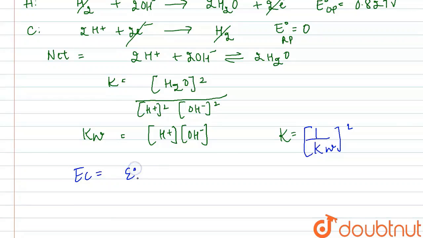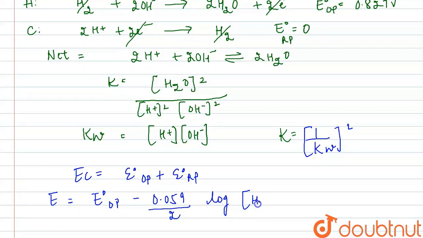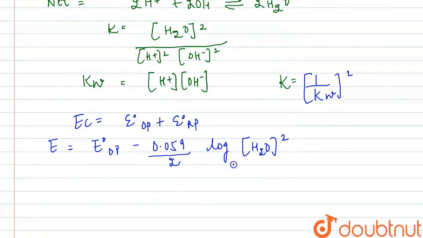E cell is what? E cell will be E naught oxidation potential plus E naught reduction potential, and we know both the values here, right? So let's calculate E here, that is the E cell will be equal to E naught oxidation potential minus 0.059 divided by 2, since 2 electrons are involved here, log concentration of H2O raised to the power 2 divided by H2 concentration into OH negative concentration raised to the power 2.